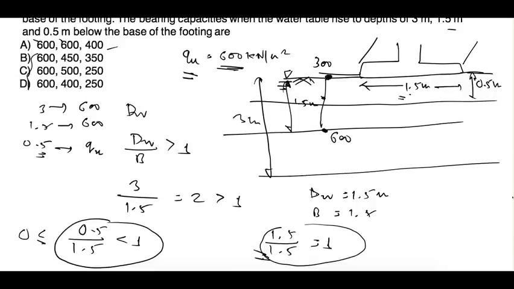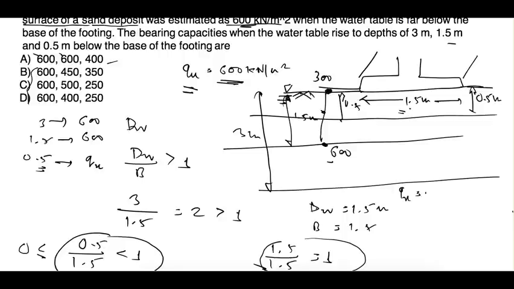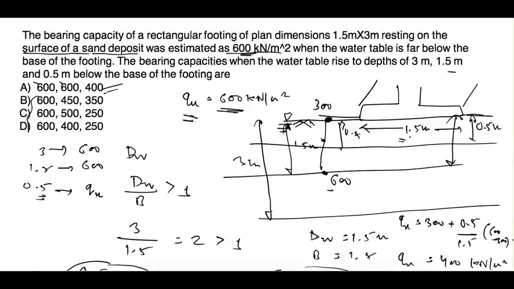Here it is 300 and here it is 600, and we have to find it at a depth of 0.5 meter. So qx is equal to 300 plus 0.5 divided by the total distance over which the change is happening, 1.5, times 600 minus 300. So qx is equal to 400 kilonewton per meter square. This is our option if we do the calculations.